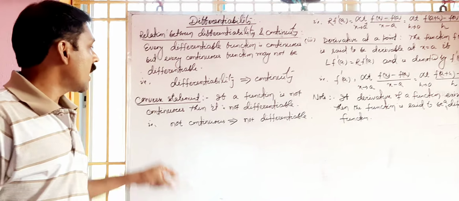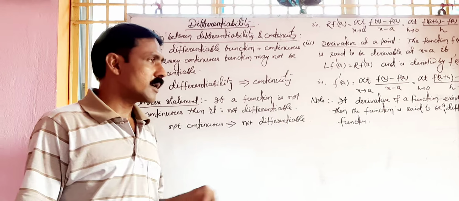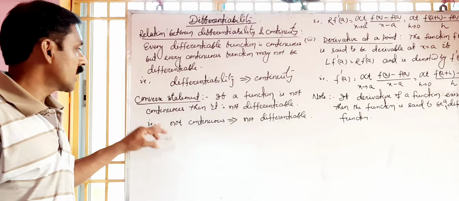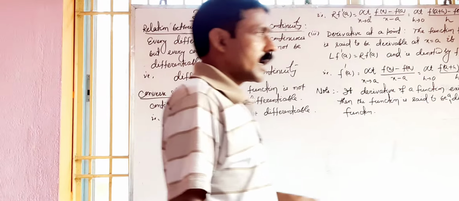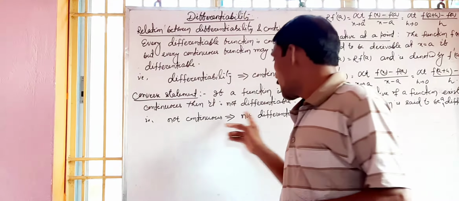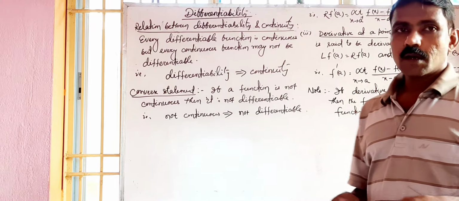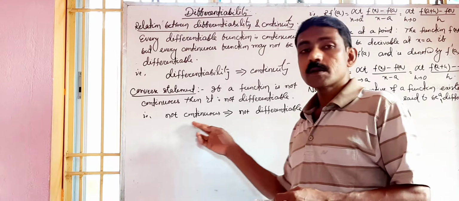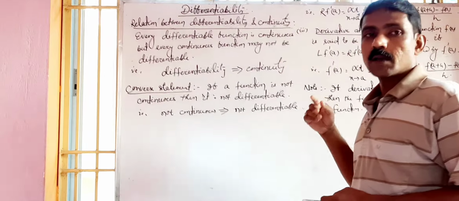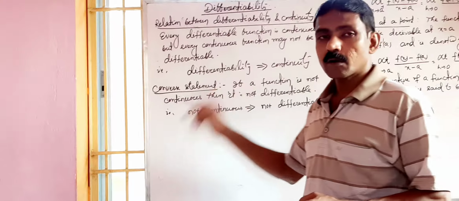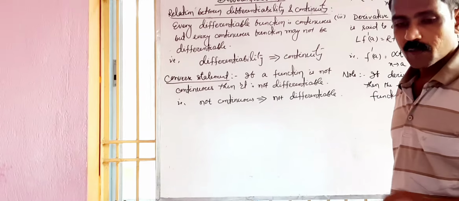Or suppose someone starts from the continuity side and has proved that the function is continuous, then you have to prove again for differentiability. But if you find that the function is not continuous, then you need not prove differentiability. You write, since the function is not continuous, it is not differentiable.